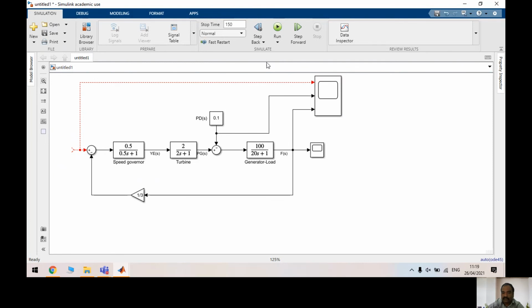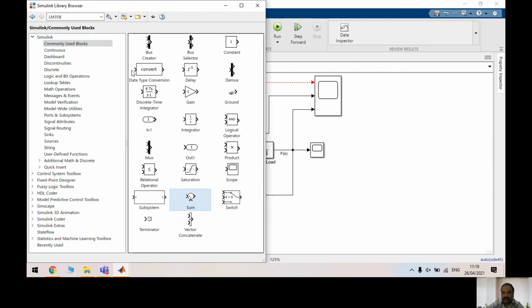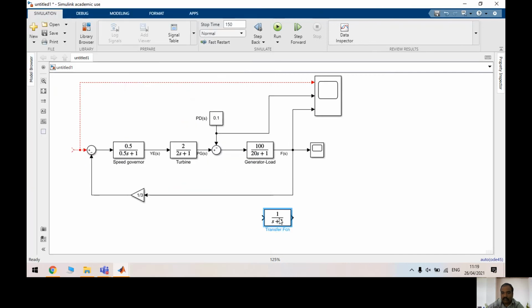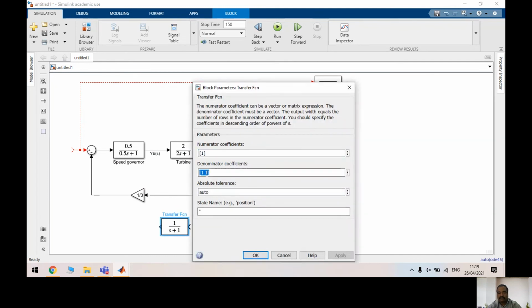Instead, what they will be doing is employing an integral controller. You know what an integral controller is? I'm going to employ an integral controller here.